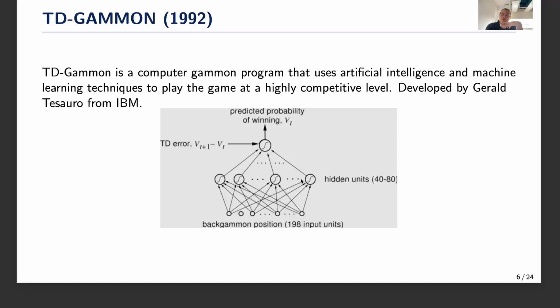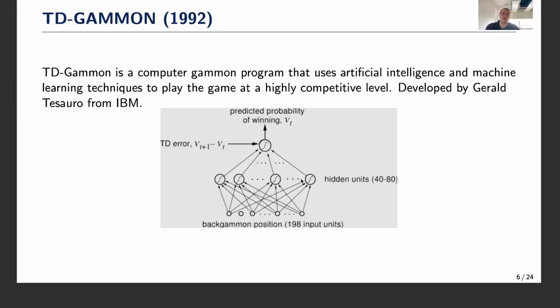So if the outcome turned out better than expected, the weights were adjusted to increase the value of the current state. If it was worse, the value was decreased. This is bootstrapping. We're using our own prediction to help improve our predictions. What made this remarkable was not just the method, but its result. TD-Gammon learned to play at the level of strong human experts without being especially taught the rules of strategy or tactics.